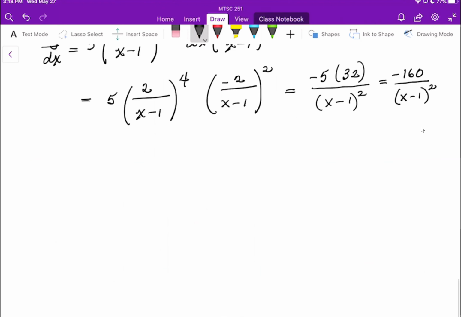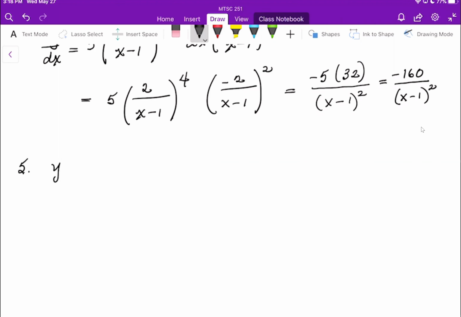Here's another one that's going to involve the chain rule. And that is the derivative.